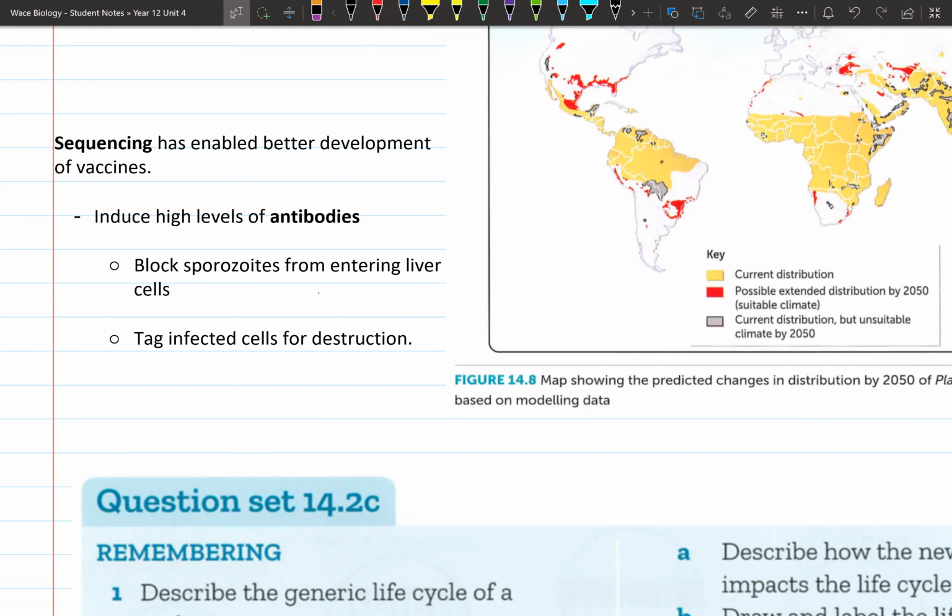So if you know the specific protein of the antigen, you can create higher fidelity antibodies. So sequencing has been a big breakthrough in vaccine development. Some examples are blocking sporozoites, different developmental stages of the plasmodium, and not just blocking, but you can actually destroy them with sequencing techniques.